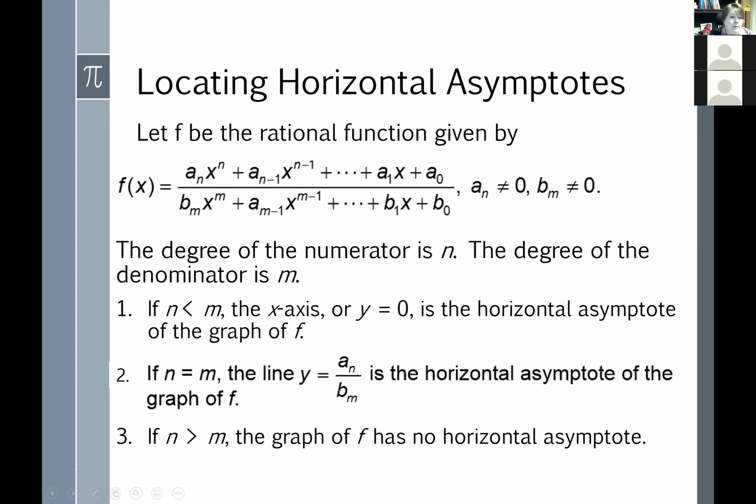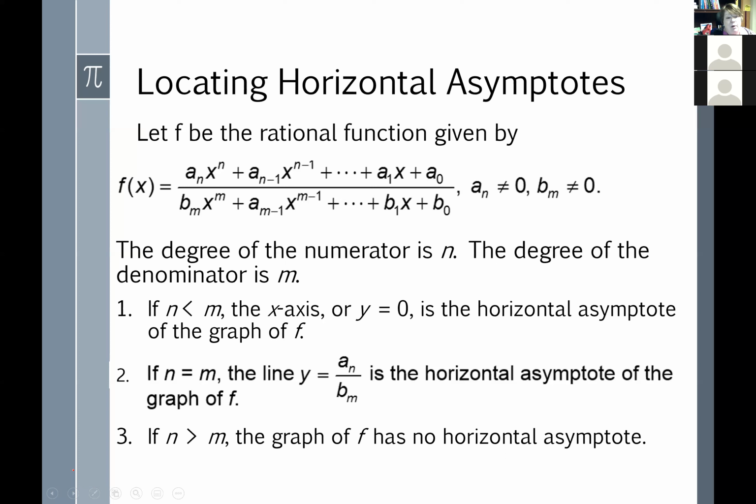If the two polynomials in the numerator and denominator have the same degree, then you need to use the leading coefficients to find the horizontal asymptote. So if the degrees are the same, then the line y equals a sub n divided by b sub m is a horizontal asymptote.